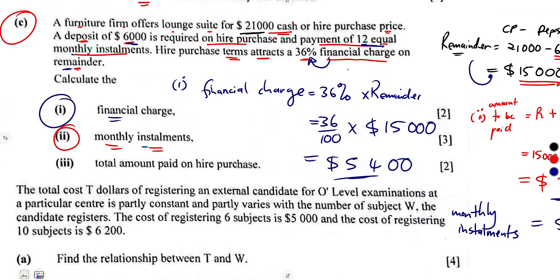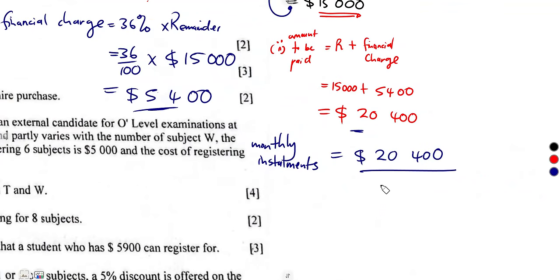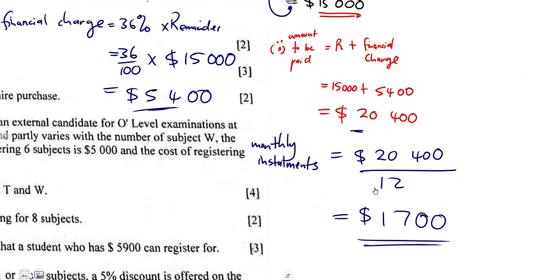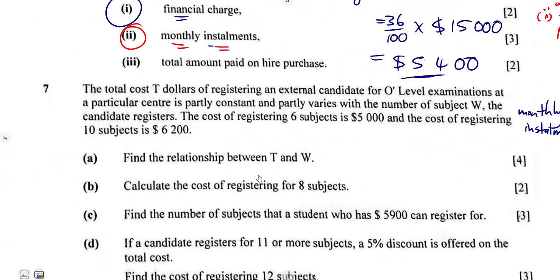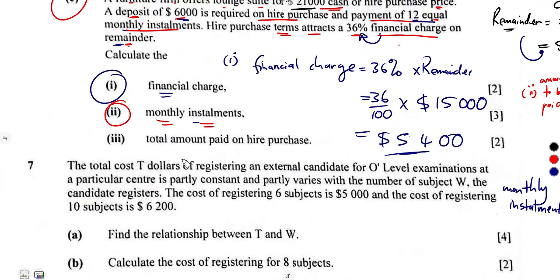So you divide by the number of months, 12. That gives us $1,700. This is the monthly installment that you are going to pay each and every month. That is how you play around with a hire purchase.